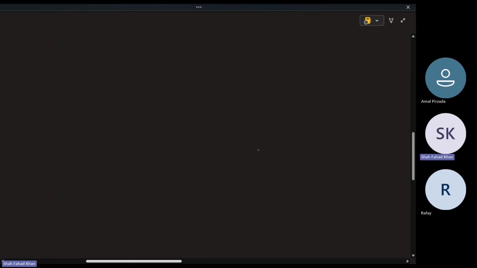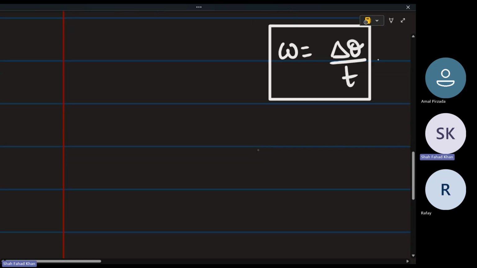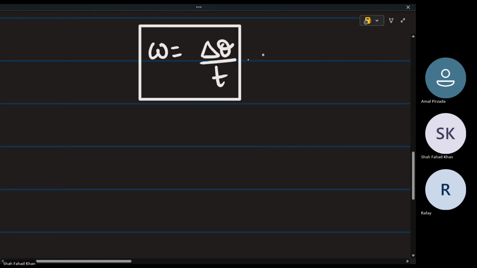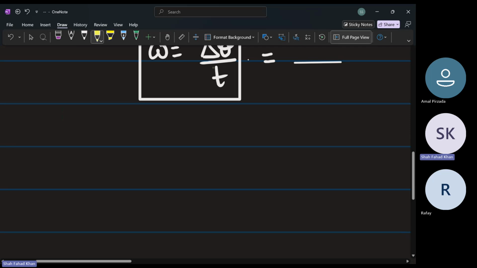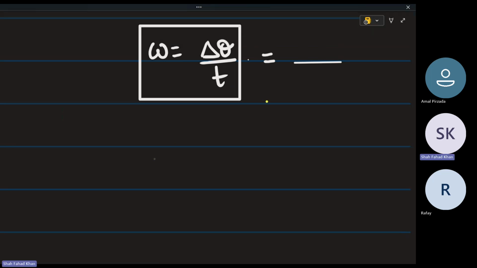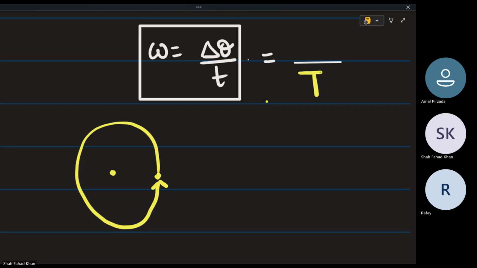What do you think is the time taken to complete one rotation of a circle? Complete one rotation, meaning one revolution of a circle. What would that time be called? If I complete one revolution of a circle, can I call this time, the time taken to complete one cycle, the time period? Yes.